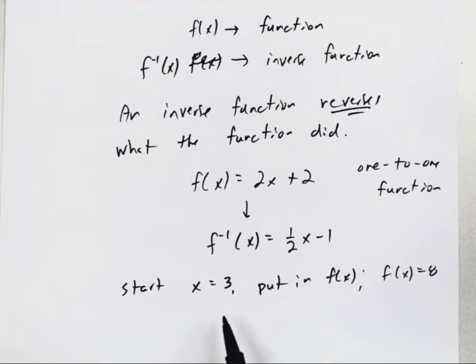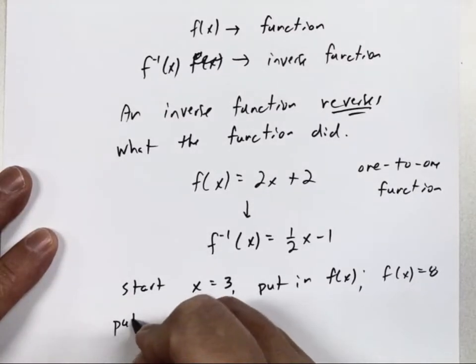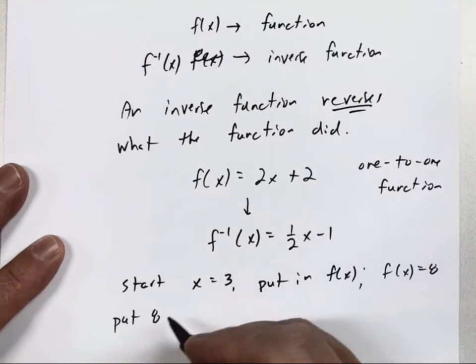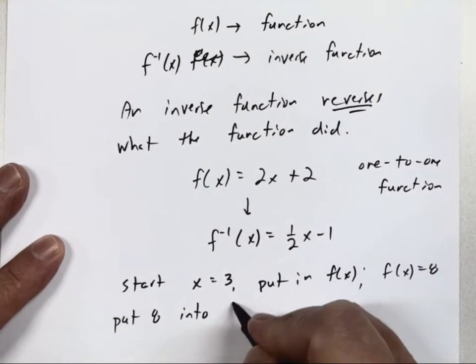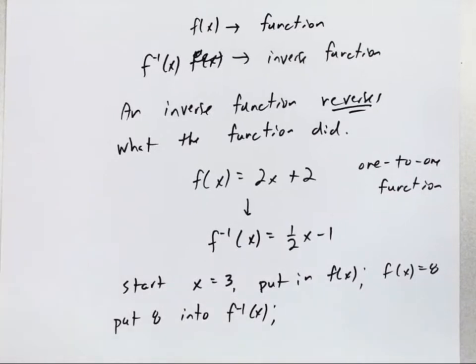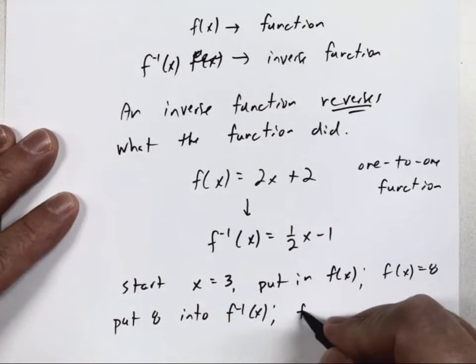So the function takes the value of 3 for x and produces 8. Now just for fun, let's take the value we got out of the function. Let's put 8 into the inverse function.